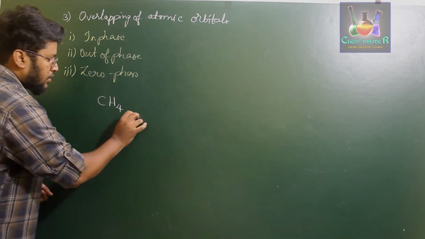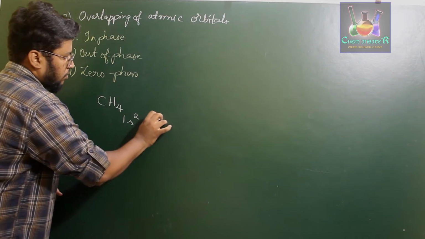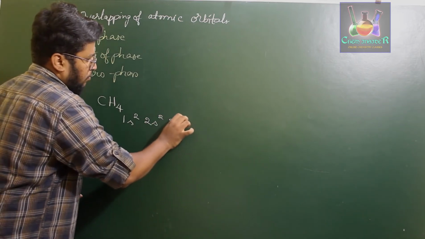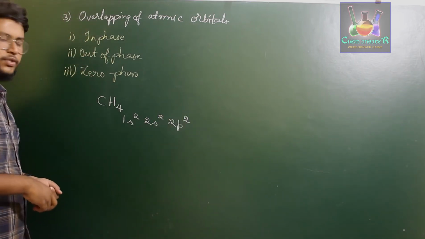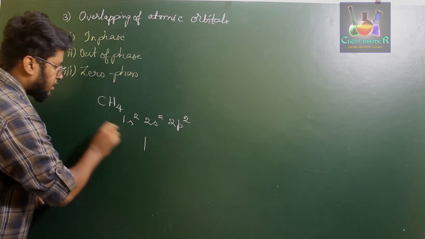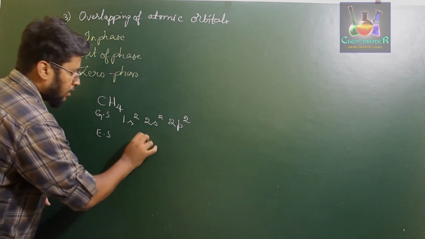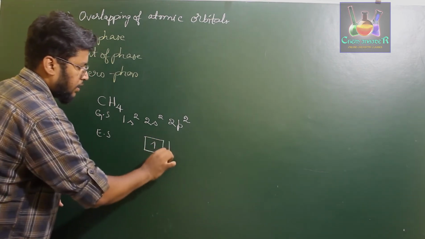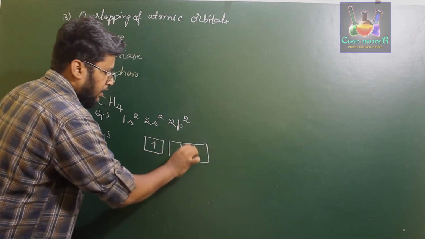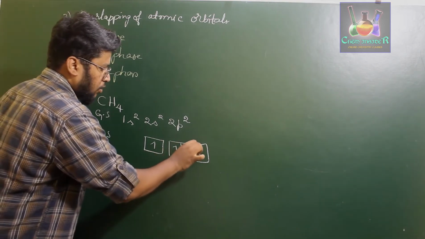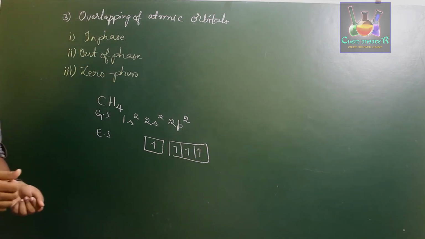The electronic configuration of carbon in the ground state is 1s2, 2s2, 2p2. In the excited state, carbon has 1 electron in the 2s orbital and 3 electrons in the 2p orbitals, that is in px, py and pz.